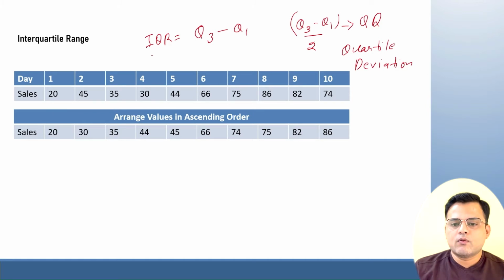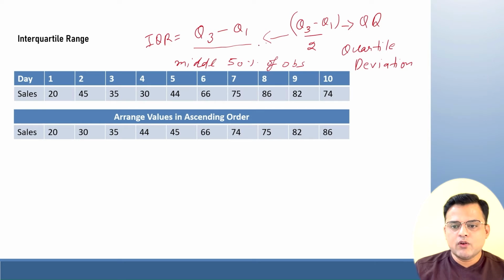Now, what we have to interpret from here is the smaller this value is, the less variation among the middle 50% of the observations. So here we are talking about only the middle 50% of observations.